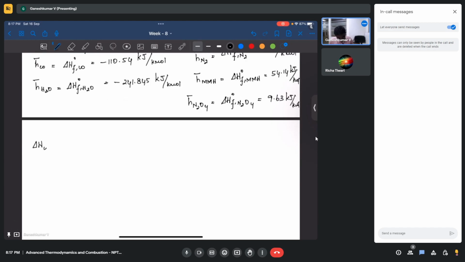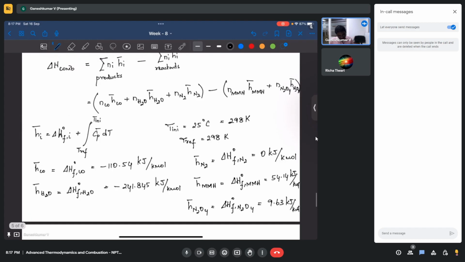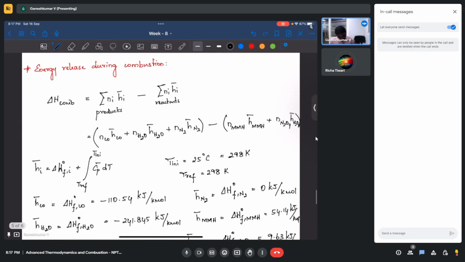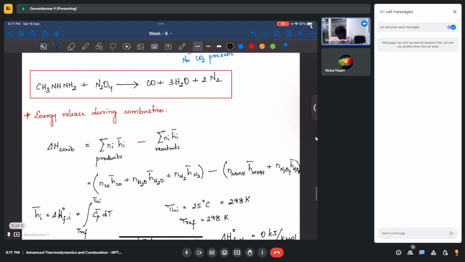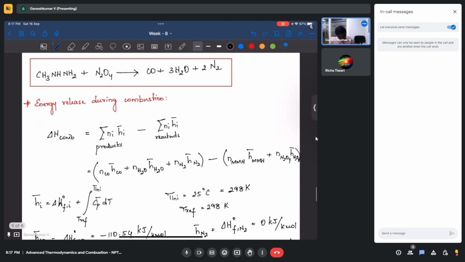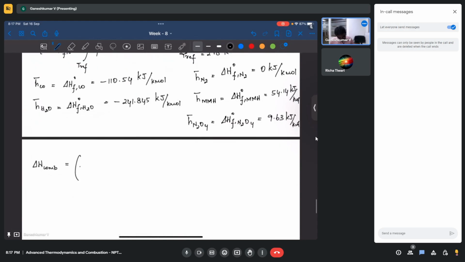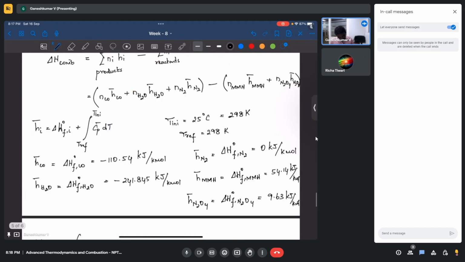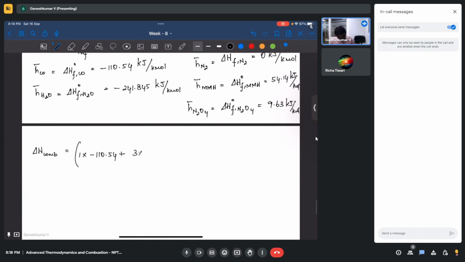The H of combustion is going to be, we already know the moles which we found using atom balance equations. So now we have N of CO, so CO is 1. So 1 times minus 110.54. 3 times H2O, 3 times minus 241.845.